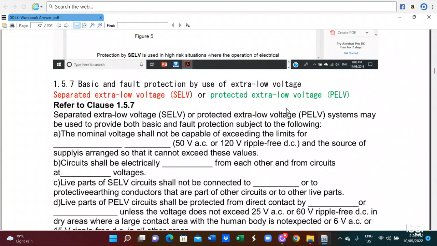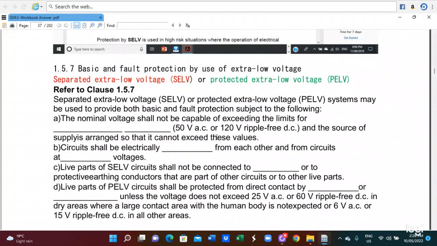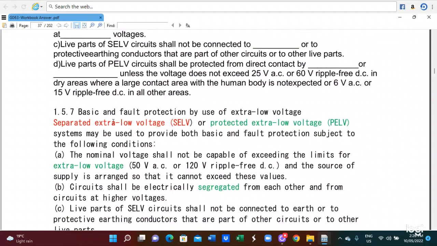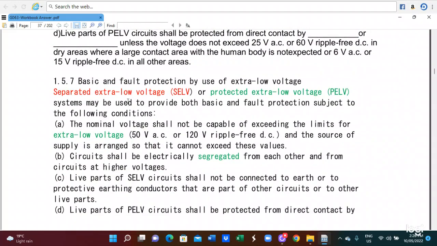This is for protection by use of extra low voltage. In this case, separated extra low voltage SELV and protected extra low voltage PELV. For protection by extra low voltage, you have to refer to clause 1.5.7 of AS/NZS 3000. So 1.5.7 is the basis for protection by using extra low voltage.